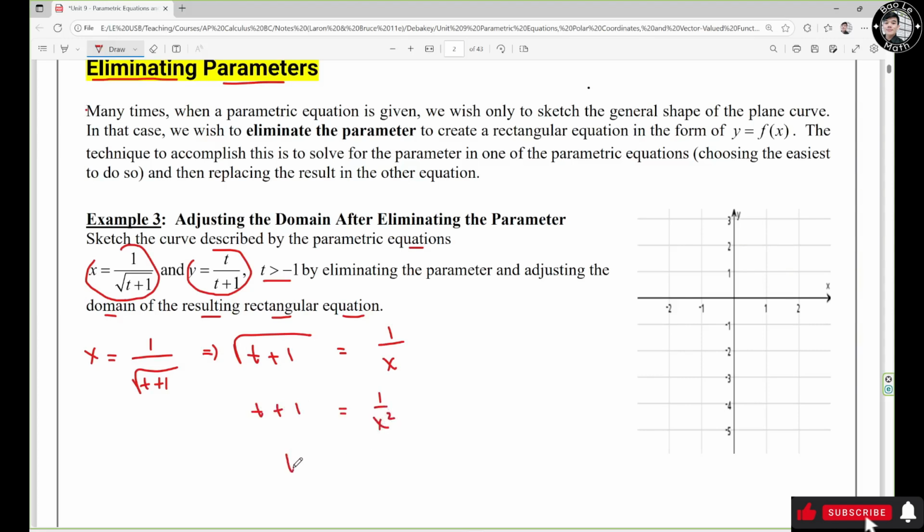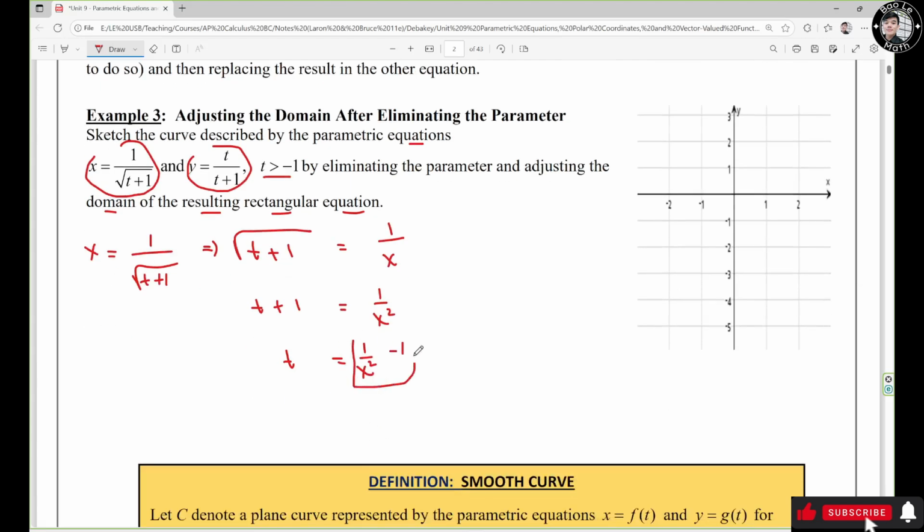Then subtract 1 from both sides, so t equals 1 over x squared minus 1. Now substitute this for t into the function right here. So we have y equals 1 over x squared minus 1, over 1 over x squared minus 1 plus 1, right?